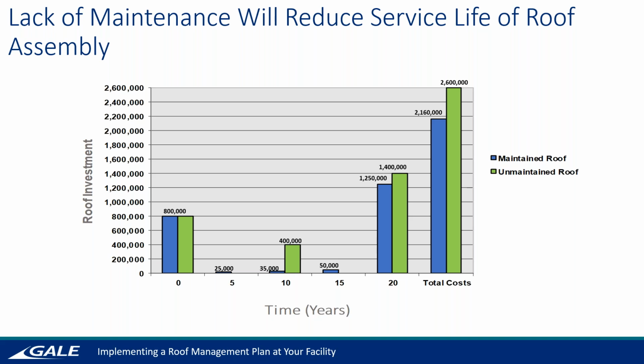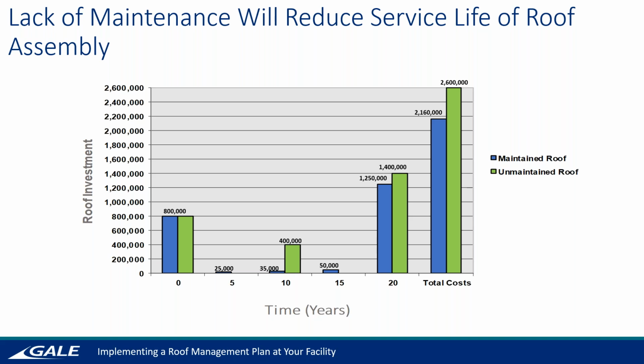Versus a maintained roof, you're at $800,000 to replace it. 5 years into it, you spend $25,000. 10 years, you're at $35,000. 15, you're at $50,000. At 20 years, you're at $1.2 million. So that's less than 1.4, but the total cost, you're looking at almost $500,000 in savings versus a non-maintained roof.